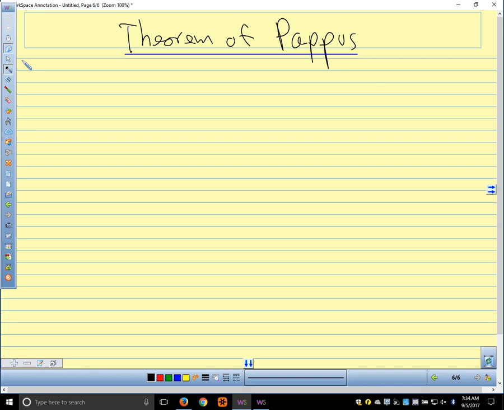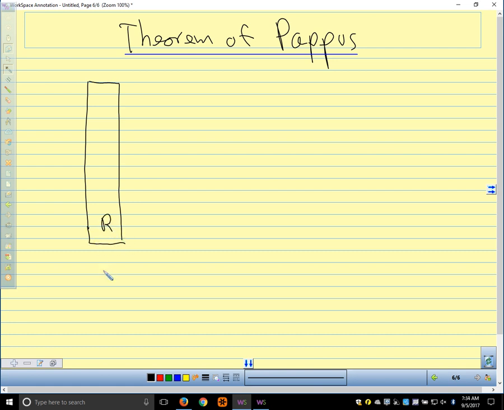All right, the Theorem of Pappus, I'm going to draw a picture here. So here's a shape. And I'm going to say this is a region R. I'm just drawing a rectangle here. And this is the centroid of the region.